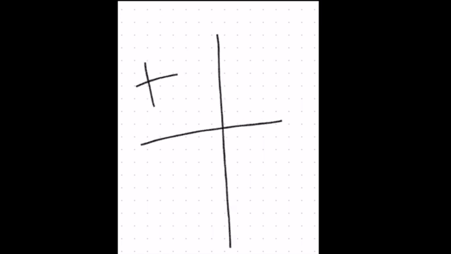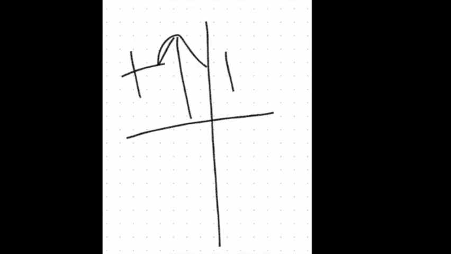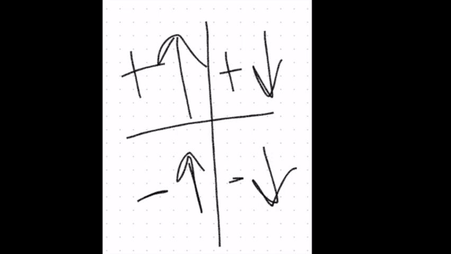First, I draw my T, and then I put a plus and an up arrow, and then a plus and a down arrow, and then I do a negative with an up arrow, and a negative with a down arrow. Okay, so what these represent: we have a plus and an up arrow. That is positive reinforcement. I know it's positive reinforcement because in positive reinforcement, we are adding something, a plus, and the behavior is increasing, an up arrow. So the next one, in the top right of the T chart, is a plus, down arrow.